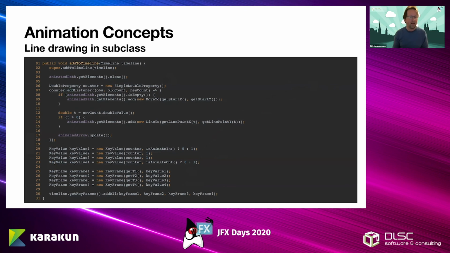I basically have a counter double property, and I'm listening to it. And whenever that counter property changes, I'm adding elements to the animated path object. And then for those key values and keyframes, all I need to do is animate the value of the counter.